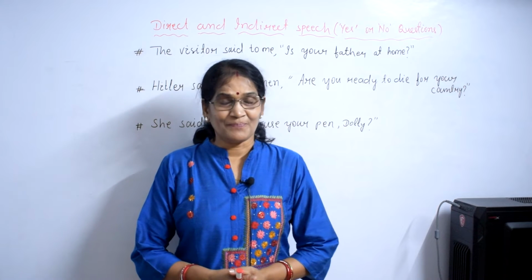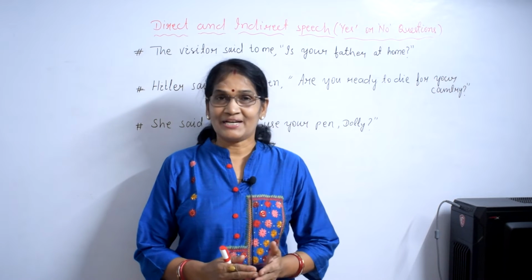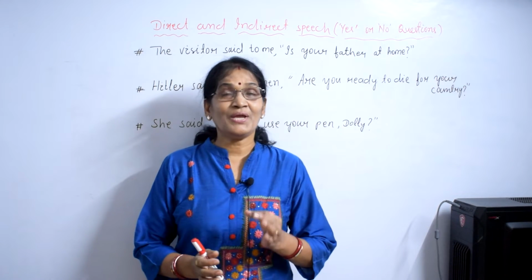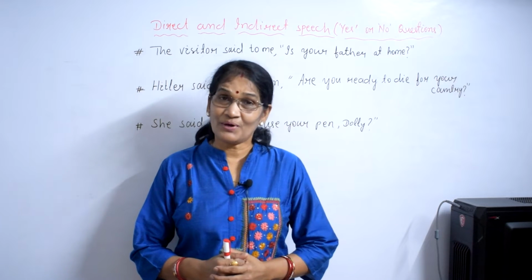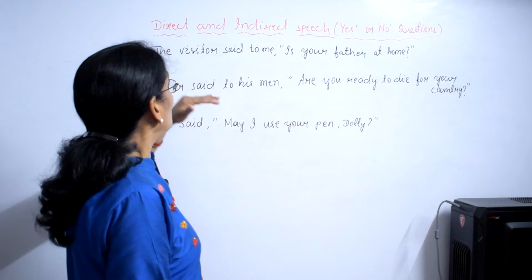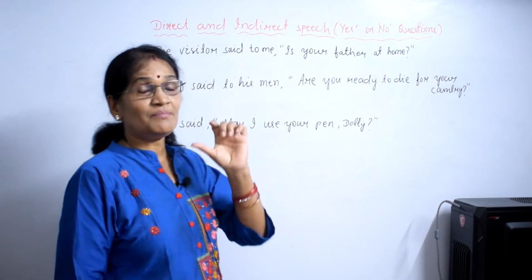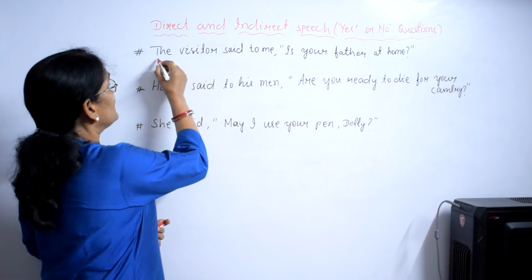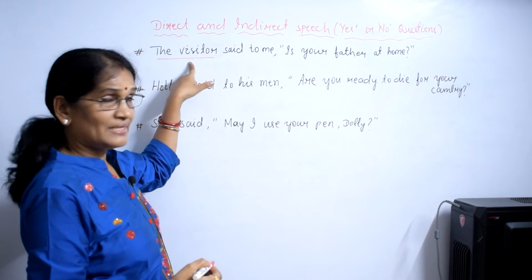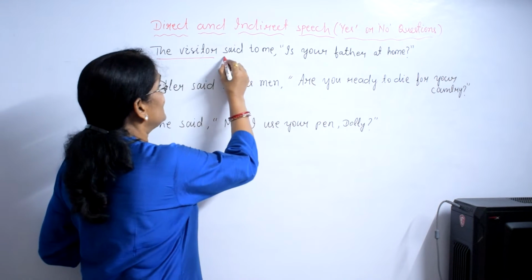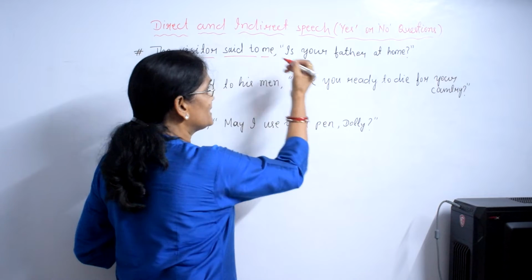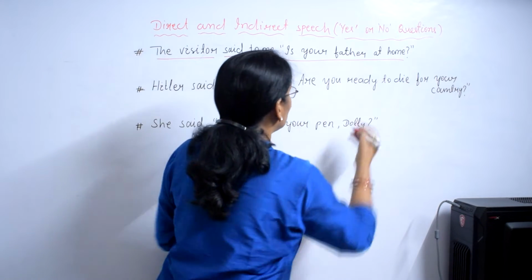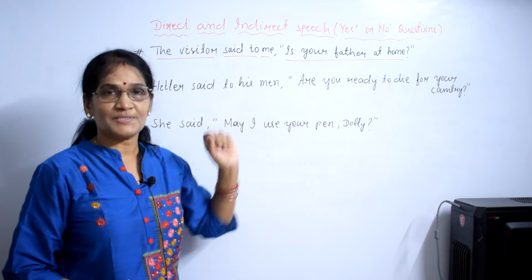I would like to say, while you're changing from direct speech to indirect speech, we have to remember some points. What are the points? We have to identify the parts of the sentence. This is the speaker, reporting verb, object, and this portion, the sentence, is reported speech.